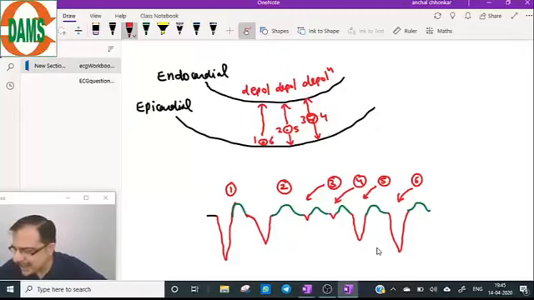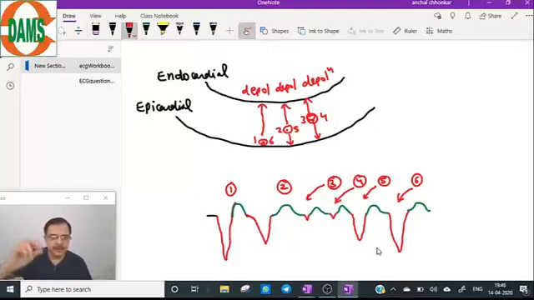What if 3 is exactly in the center? Then it will be biphasic. Net result will be 0. So it depends on where the number third net depolarization vector is generating. Yes, T wave direction will be dependent on QRS.